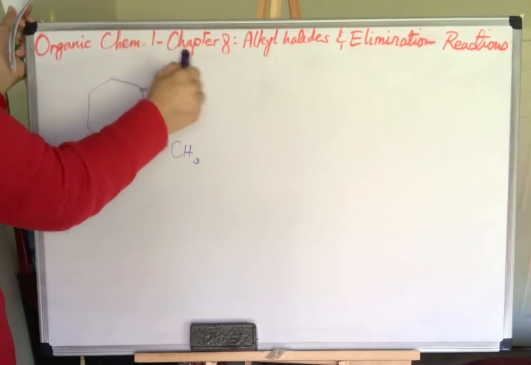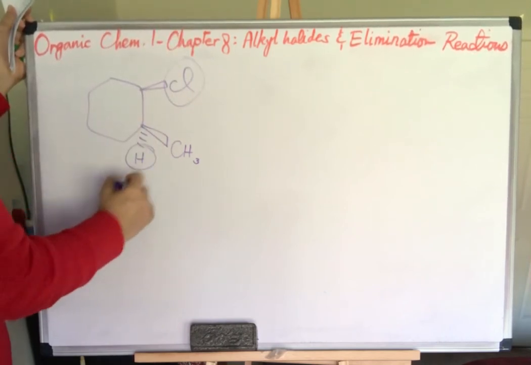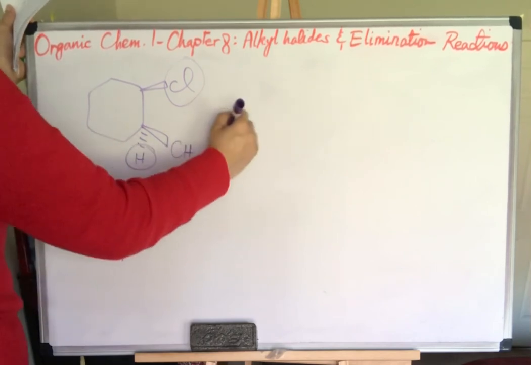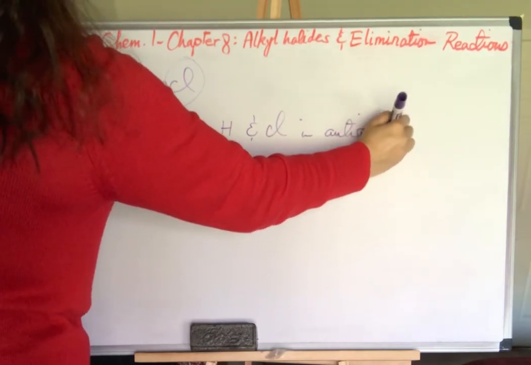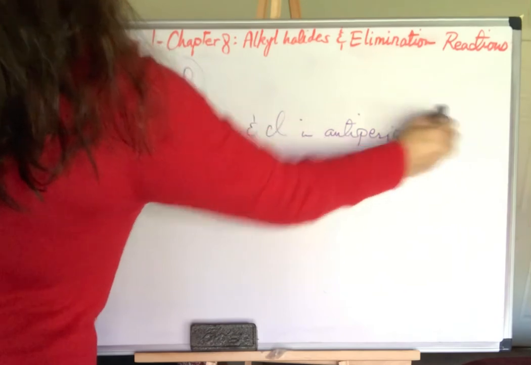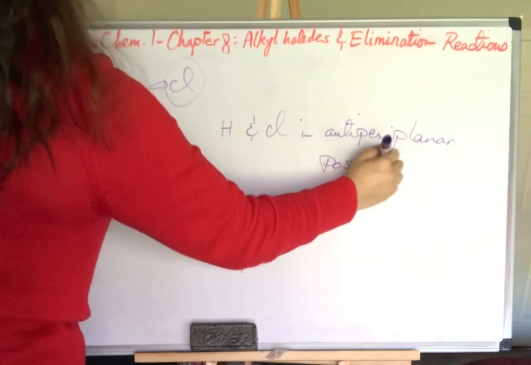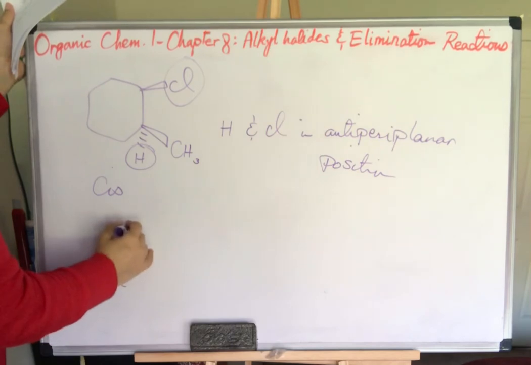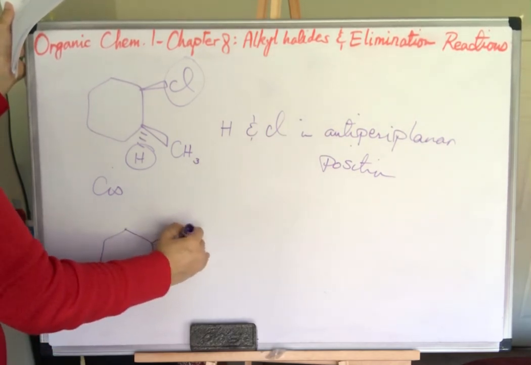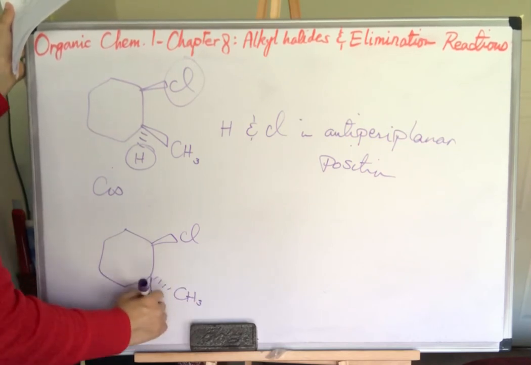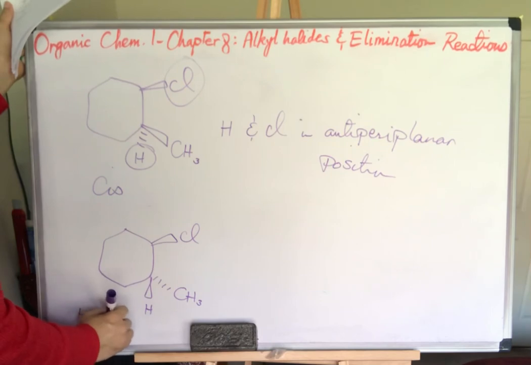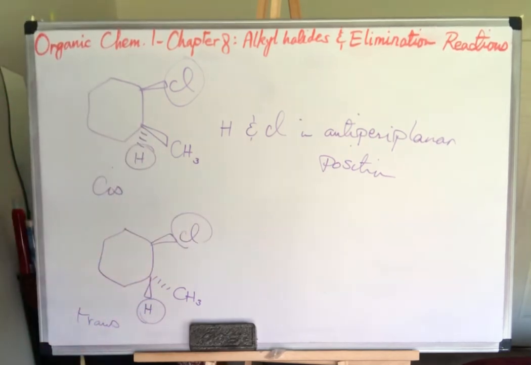So you see chlorine and hydrogen in the anti-periplanar position. This is for cis. But for trans, you see hydrogen and chlorine are going to be on the same side, not the anti-periplanar position.